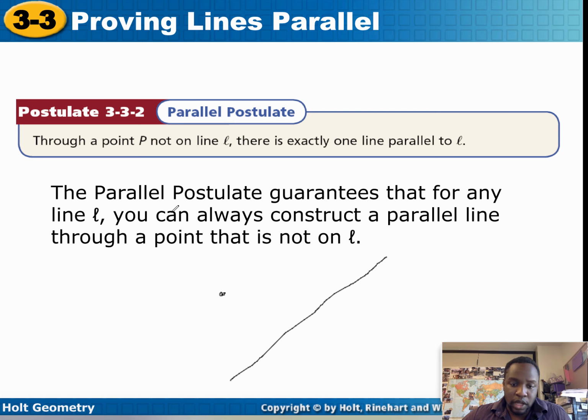So there's only one line that can be parallel, through this line that goes through this point. All right? The parallel postulate guarantees that for any line L, you can always construct a parallel line through a point that is not on L. So you can always construct a parallel line to any given line.